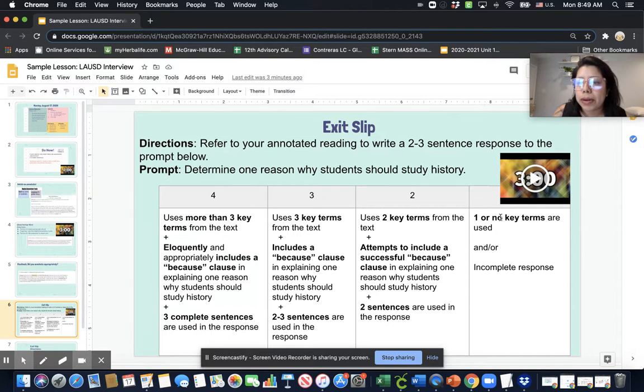Go ahead and take about 3 minutes on your own to write out your exit slip. Yes, use one reason, but for example, if you want to use this paragraph, you see how many key terms are bolded? Yeah, so then use that in your response. And then you would want to include the reason why using the because.